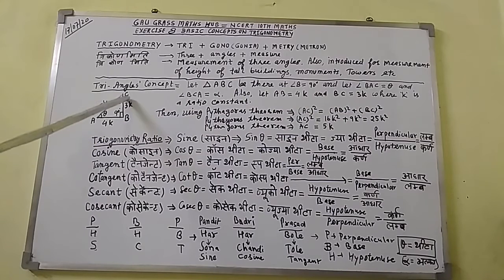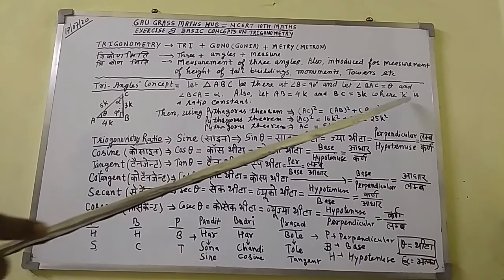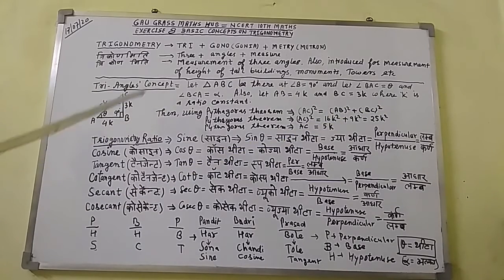BC here is the height of the triangle with respect to angle theta, where K is a ratio constant. Here you can see this is a right angle triangle in which a 90 degree angle has been made at point B. This means that angle B is 90 degrees.